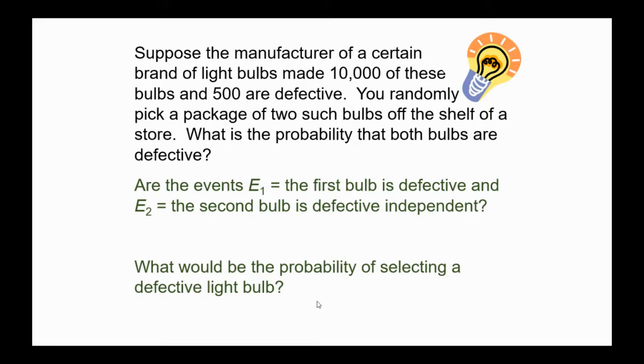What would be the probability of selecting a single defective light bulb? 500 over 10,000, which as a decimal is 0.05. So that's the probability of selecting a single defective light bulb.